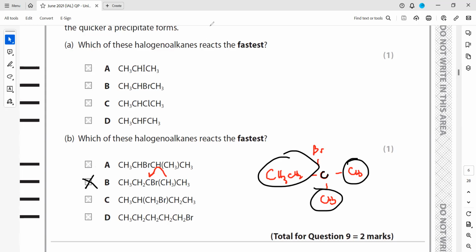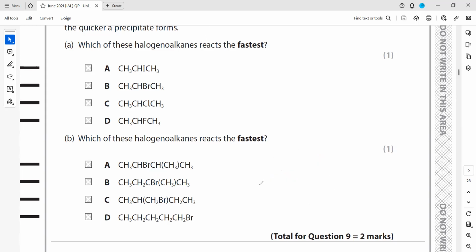Another example, why not C? If it is CH3, this is CH, then we have CH2, Br, and then we have CH2, CH3.